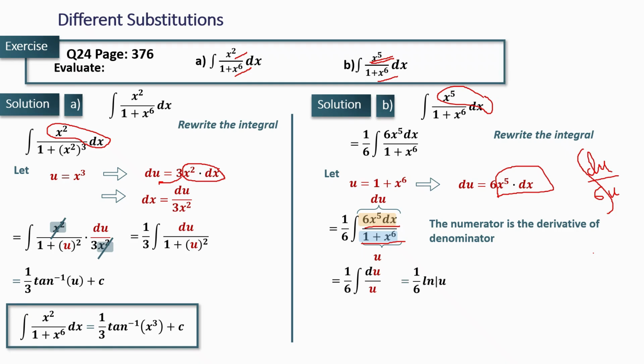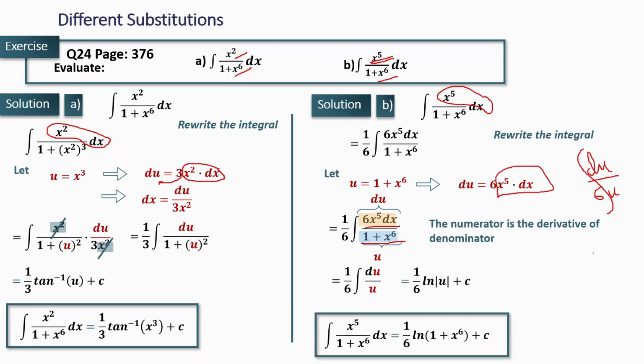So now what is integral du by u? Exactly, ln u. And what about the absolute value? Don't forget, okay? So what is u here? 1 plus x power 6. So your final answer is 1 by 6 ln absolute value of 1 plus x power 6 plus c. Here it should be the absolute value, because it matters when you handle a negative: it will become positive inside the absolute value.